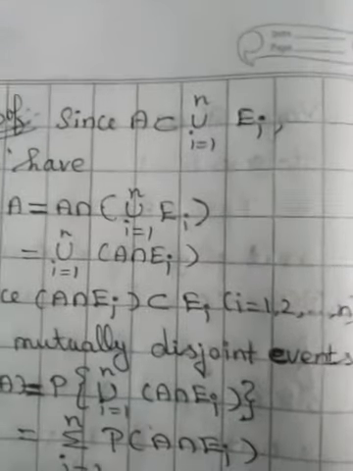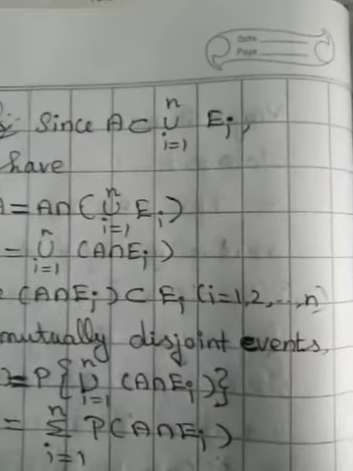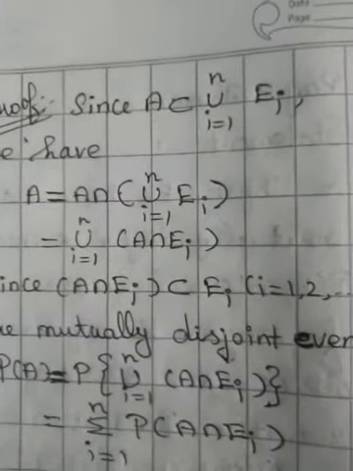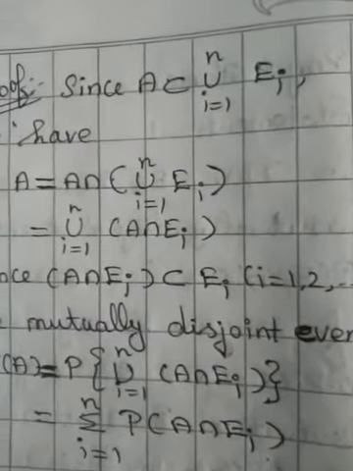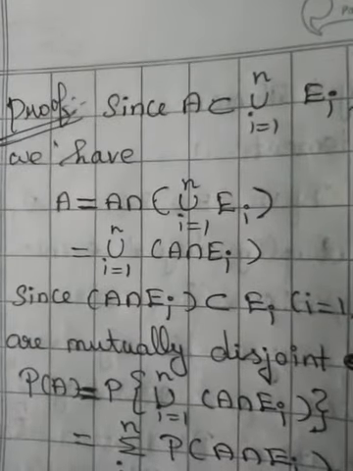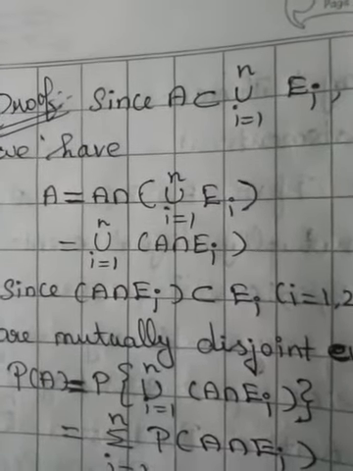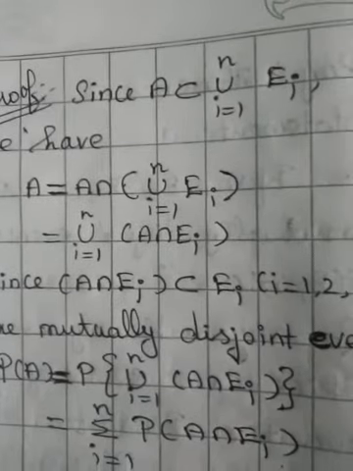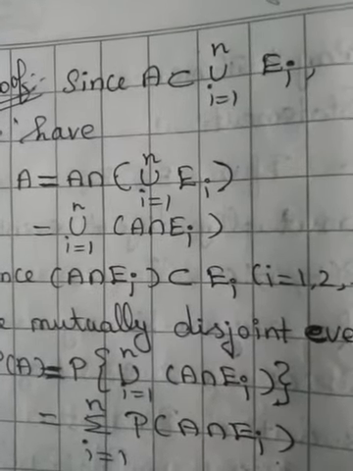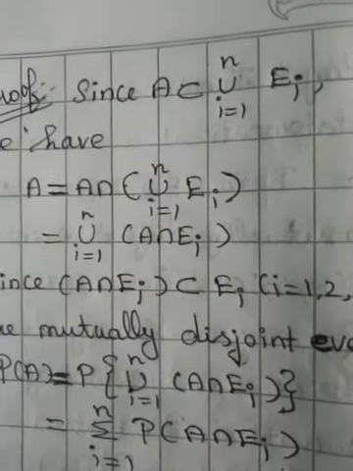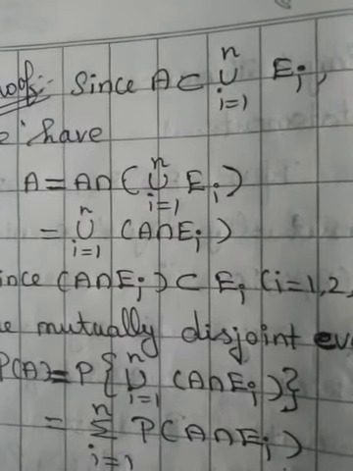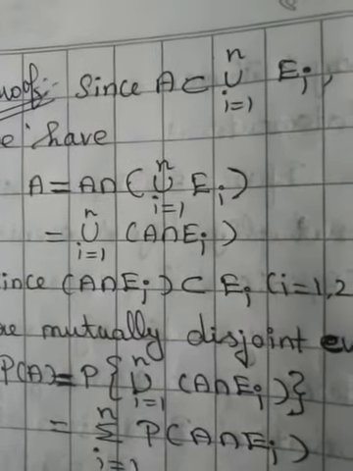Since A contains union i varies from 1 to n Ei, we have A equal to A intersection union i varies from 1 to n Ei, which is equal to union i varies from 1 to n A intersection Ei.